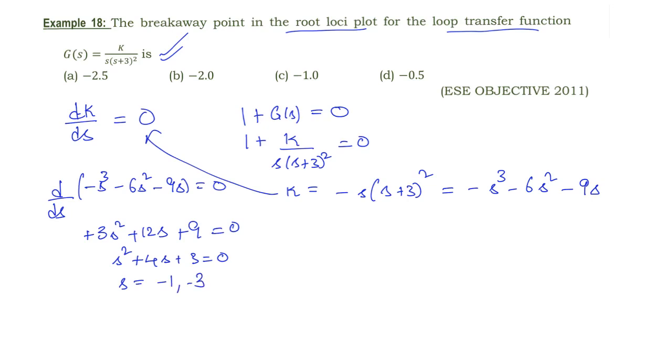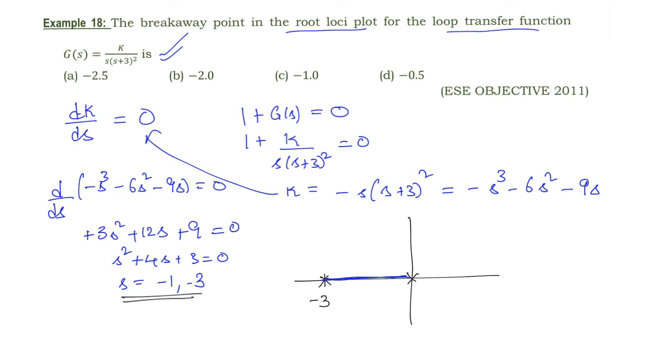Now the next step, which a lot of people often forget, is we have to check which of these points is lying on the root locus. If you construct the root locus, we have one pole at s equal to 0 and two poles at s equal to minus 3. The root locus will lie here because there is only one pole to its right.